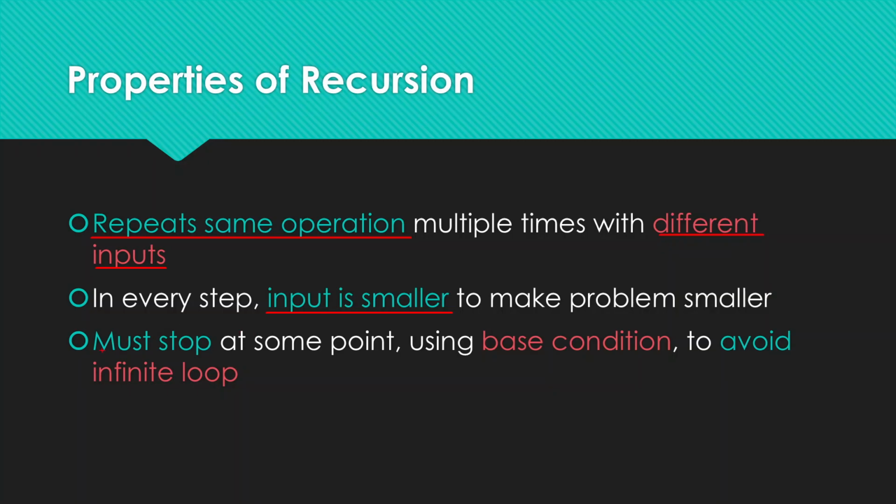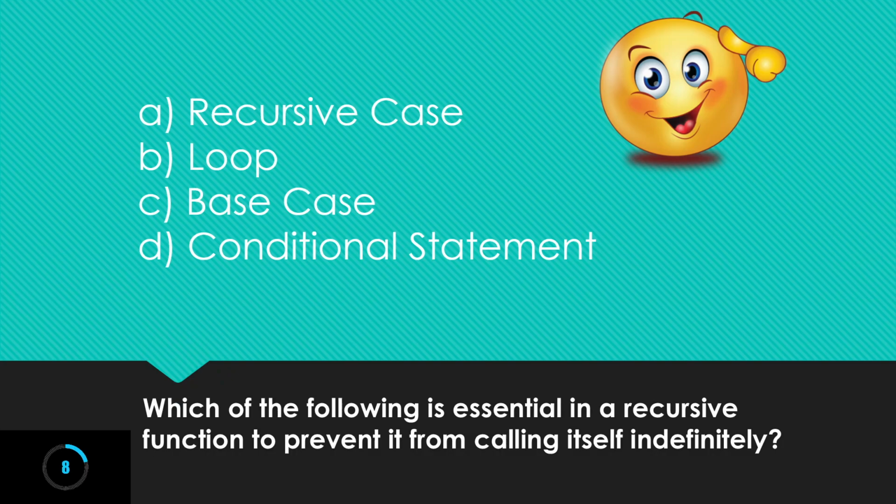The other thing that you've seen in the previous slide is that we must have a base case, a base condition, in order to ensure that the recursion can stop at some point. If we don't do that, then we are going to have what we call an infinite loop. And that is going to be a problem, which we are going to understand a bit later in this lesson. So those are some of the characteristics or properties of recursion.